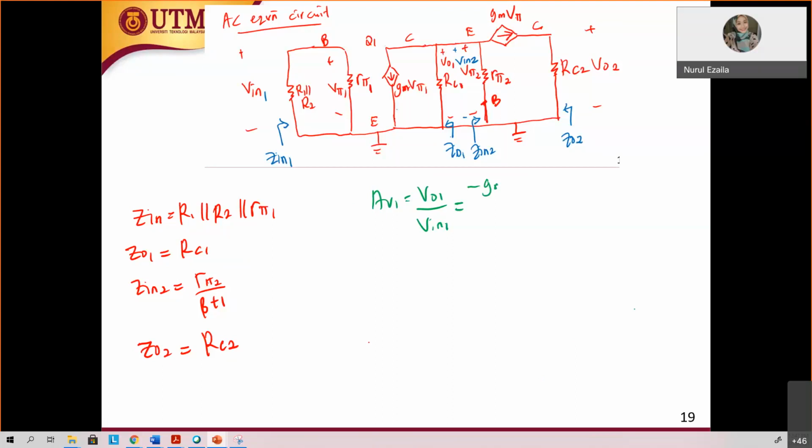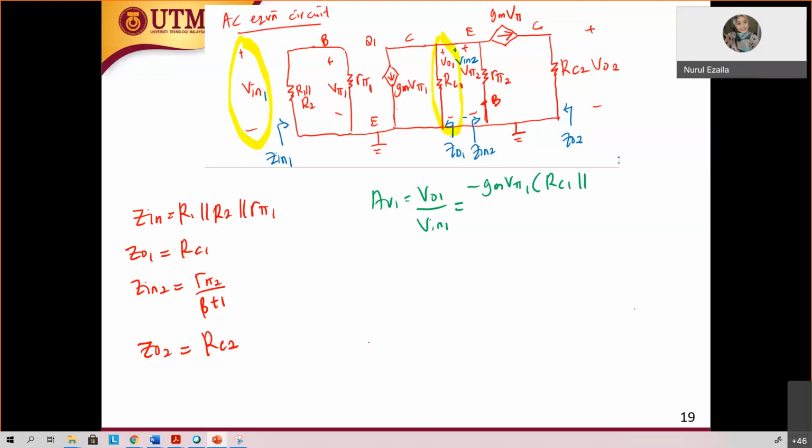Negative gm V pi 1. What is the total resistor at V out 1? So this is V out 1. It is RC1 parallel with Z in 2.